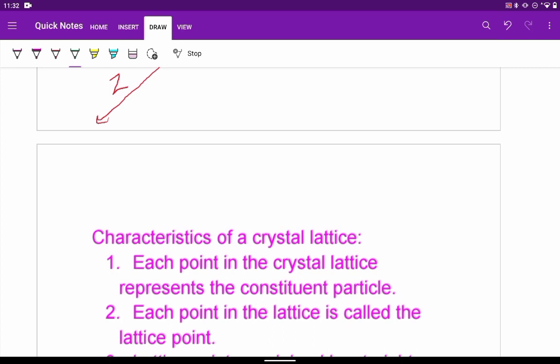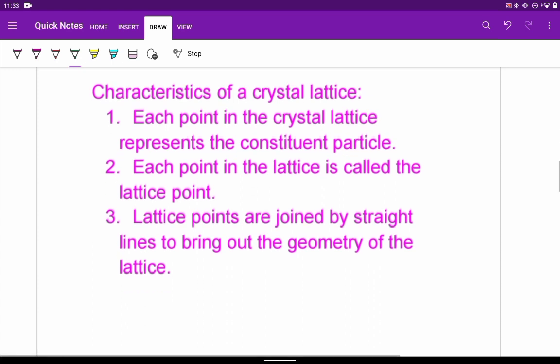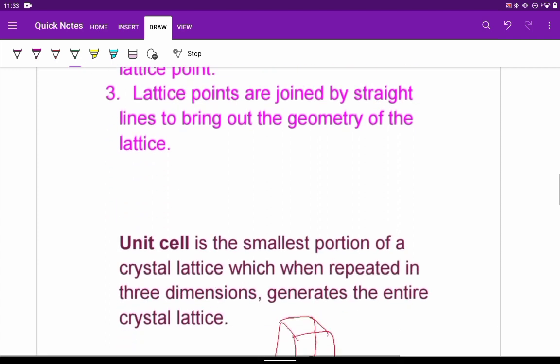These points are joined by straight lines so that we can get the geometry of the lattice.